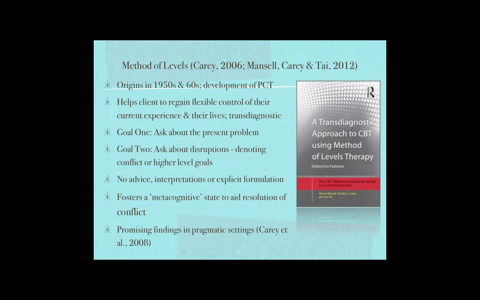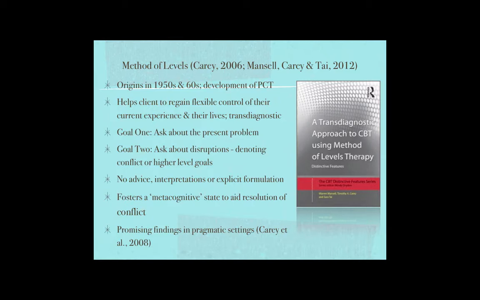So Method of Levels is the therapy that we've used to work with all kinds of presenting problems. It dates back to the 50s and 60s, but it was enhanced by Tim Carey in 2006. We would suggest that it helps people to regain flexible control of their current experiences, including dissociative ones, and their lives.